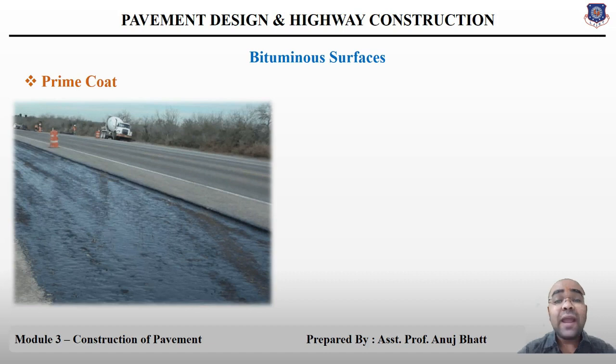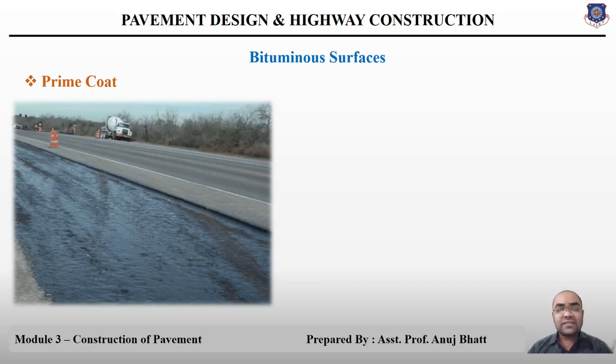The prime coat consists of low viscosity liquid bituminous material like cutback, having grades MC and SC, that is medium curing and slow curing, which will enter the voids of the surface.